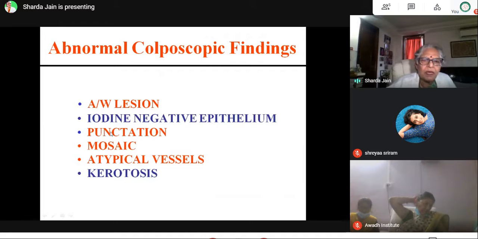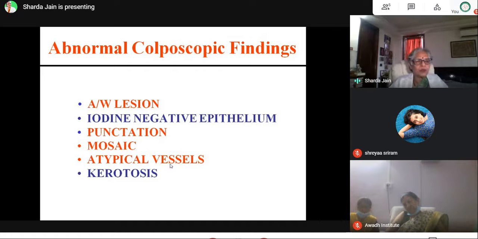You have to look for punctation and mosaic, whether present or not. Their presence does not say that it is a higher grade or cancer. It shows that the vascular pattern is involved along with the epithelium. And then there are certain atypical vessels which you can find on the surface, which you can see with the naked eye as well as through the colposcope. And there is a term, keratosis.